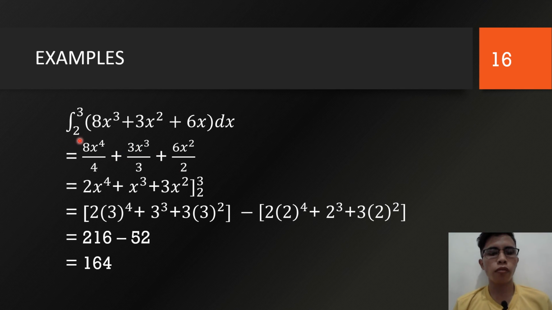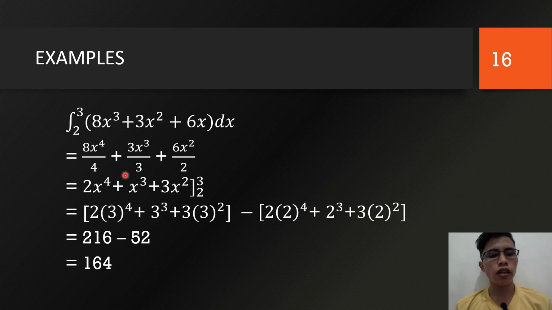Okay, we're using property number 2, so sineseparate lang natin using operations. So first, we're going to integrate 8x cubed plus 3x squared plus 6x, which is equal to 8x to the fourth all over 4 plus 3x cubed all over 3 plus 6x squared all over 2.